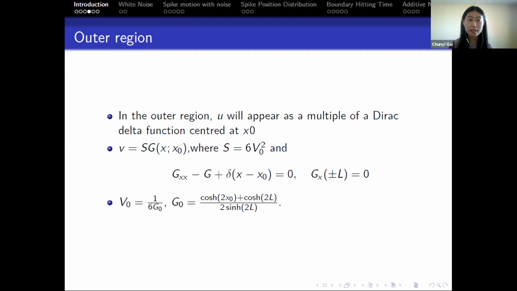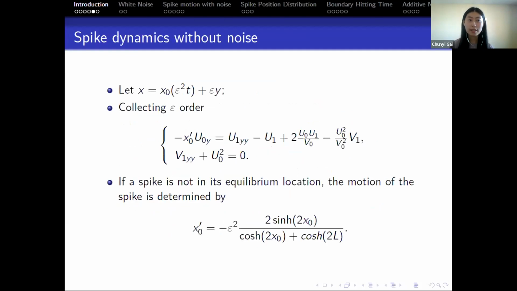After we get the spike patterns, we can study the motion of the single spike pattern with and without noise. Let's first consider the case when there is no noise. To analyze this problem, we first expand around the location of the spike x0, and we let x0 be a function of a slow time.